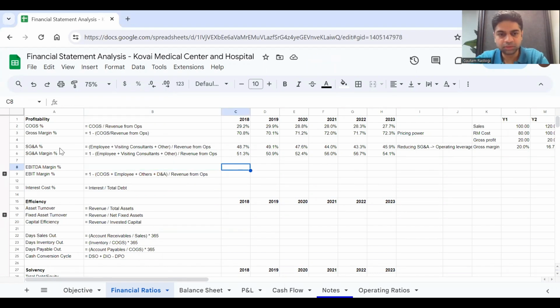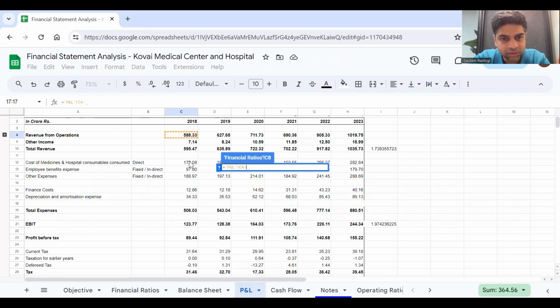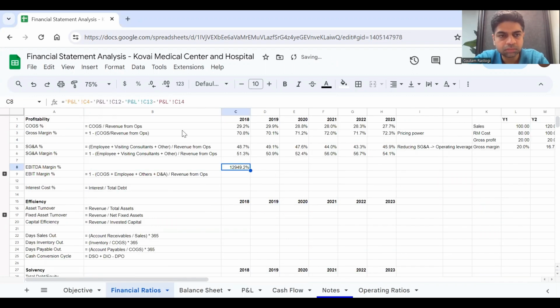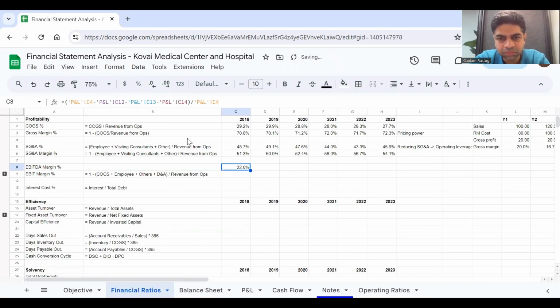As simple as that. So this is revenue from operations minus direct cost and minus indirect costs. Sorry, I forgot to divide it by sales.